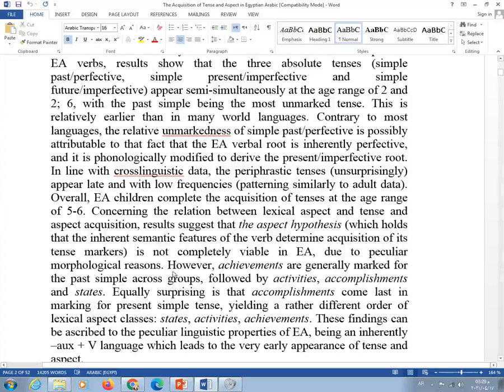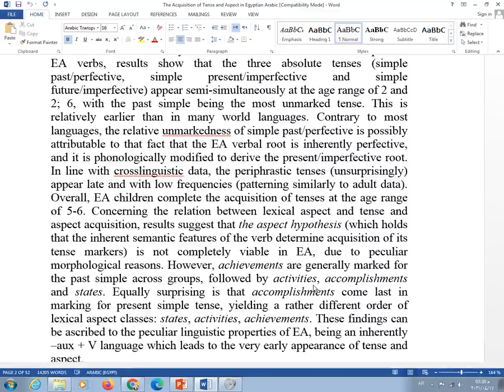However, we have achievement verbs, which are generally marked for the past simple across groups, and activity verbs, which refer to activities, and accomplishments and states. All these are called lexical aspects. The very structure of the verb denotes whether it is complete or incomplete.